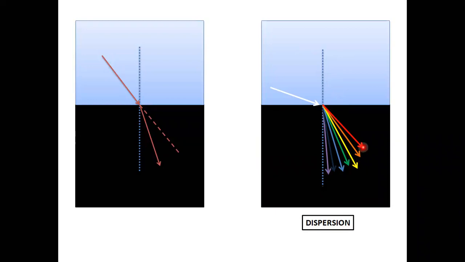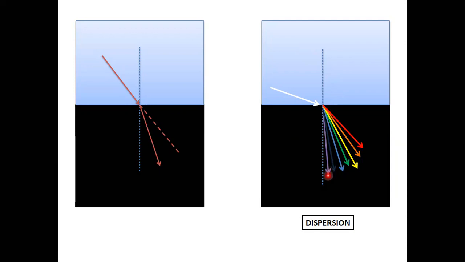Okay, so why is this so? Why is violet deviated the most and red deviated the least? But you have to keep this fact in your mind: when white light moves from one medium to another, while going through refraction, the white light gets split into its 7 components, and all those separations take place at different angles.